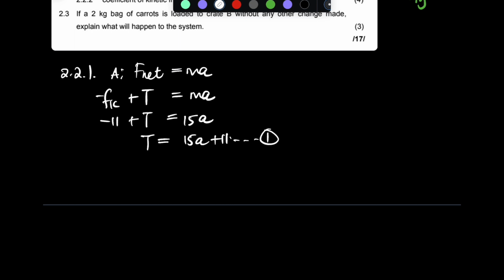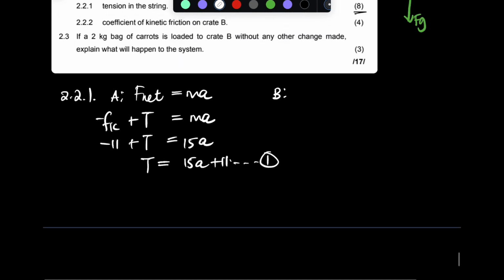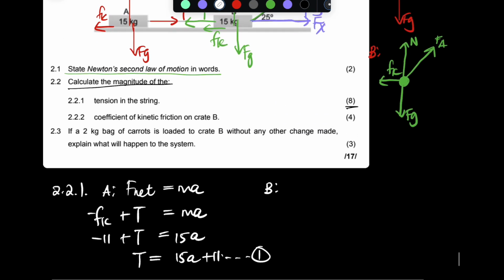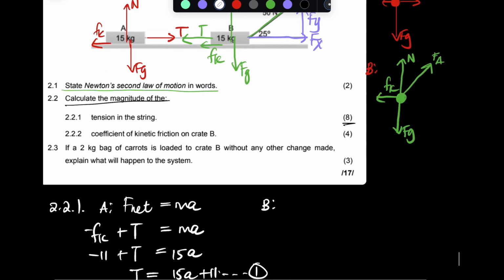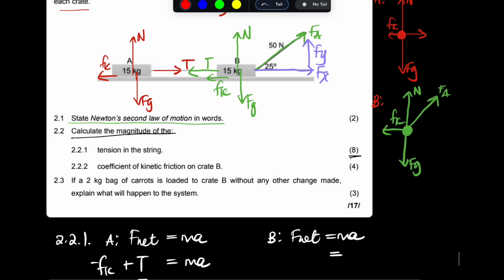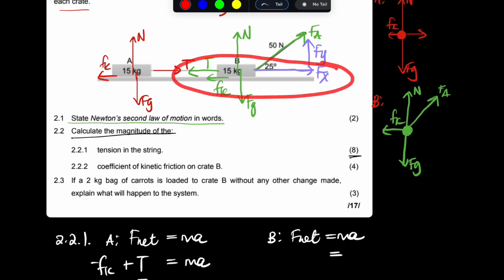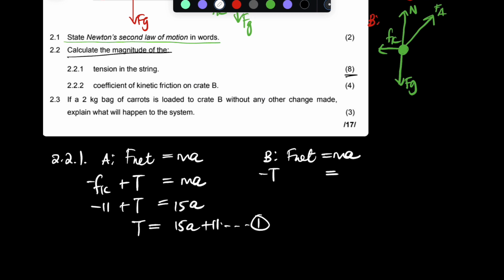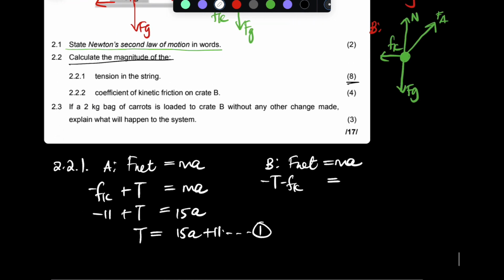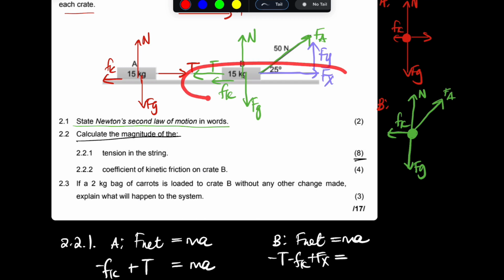And then for equation 2, we do it for object B. So F net is equal to ma. The forces acting on object B are three forces: the tension force that is negative, the frictional force that is negative, plus the Fx, which is the horizontal component.